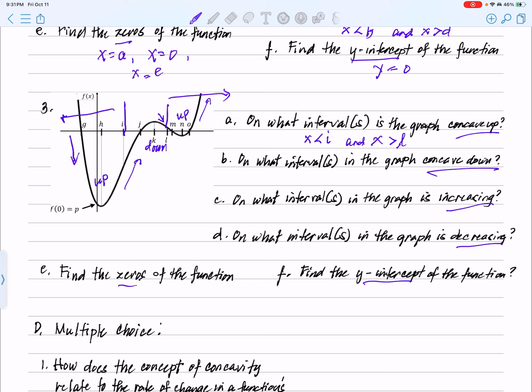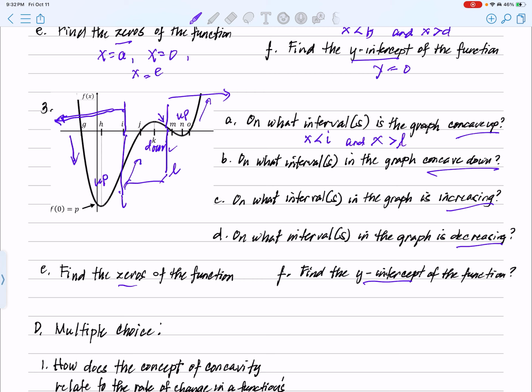Okay, and on what interval is it concave down? Right here. If this is where it started to be concave up, that is less than I. So we could say starting from I, the interval, to L. This is L, and this is I. So in between this interval, you could see the concave down.